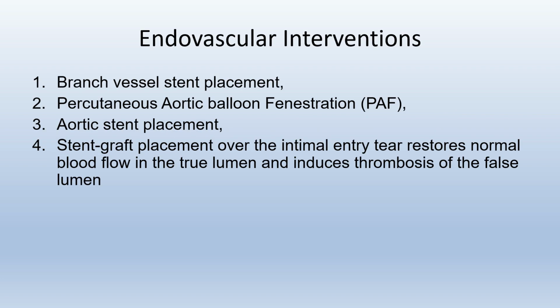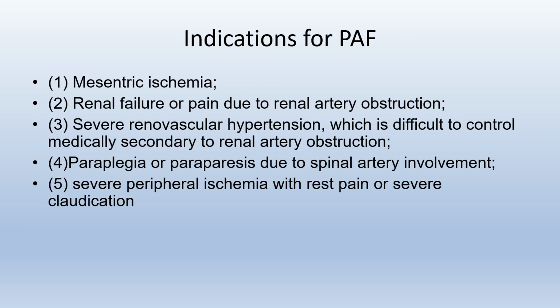Endovascular interventions include branch vessel stent placement, percutaneous aortic balloon fenestration, aortic stent placement, and stent graft placement over the intimal entry, which restores normal blood flow in the true lumen and induces thrombosis of the false lumen. Indications for PAF: mesenteric ischemia, renal failure, severe renovascular hypertension, paraplegia, and severe peripheral ischemia.